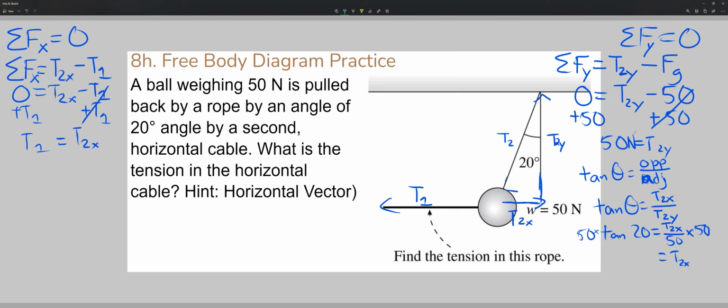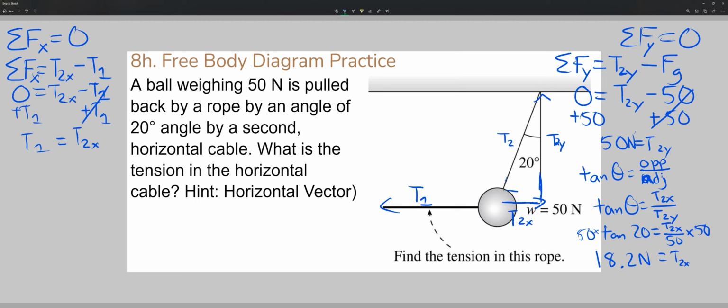So let me pull out my calculator. We do 50 tan 20, and we get 18.2 newtons.